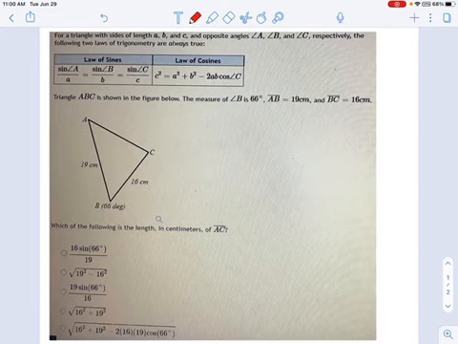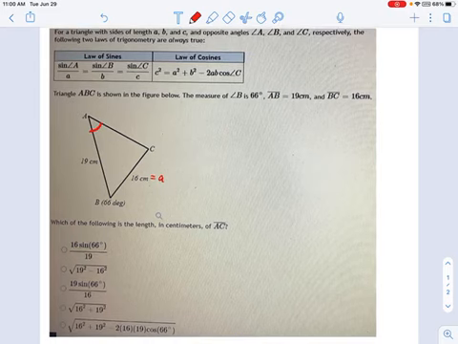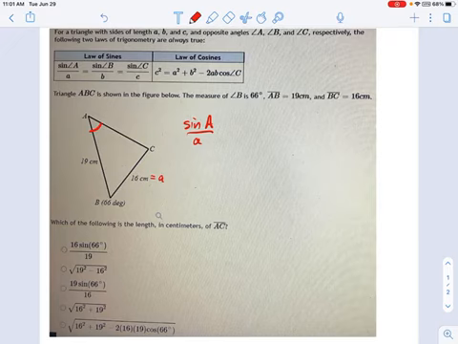What the law of sines says is that if you take the sine of this angle A and divide it by the length of the side opposite that angle, little a, and you can see in this picture, is the opposite side from that angle, big A. If you take that ratio of the sine of an angle divided by the length opposite the angle, that's going to be equal for every one of these pairs around the triangle.